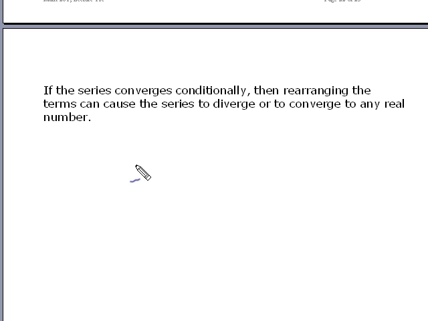Say the original sequence converged conditionally to 10, but by manipulating the order of the terms, you can make it converge to any real number or even to diverge. That is quite interesting. So absolute convergence implies convergence. Conditional convergence means that the original series converges, but it does not converge absolutely.